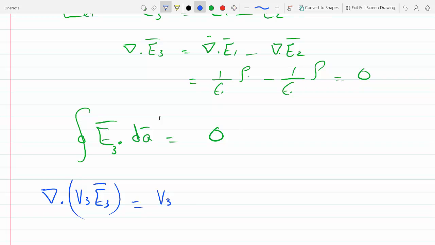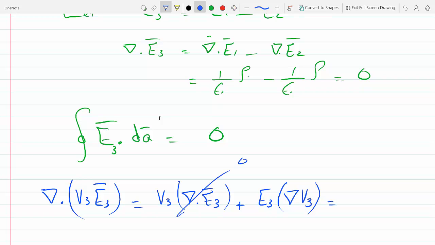So this will be V3, the potential, times the divergence of E3, plus E3 dot the gradient of V3. We know that the first guy is 0, and what's the second? It's minus E3, because the gradient of the potential is the electric field, so we get minus E3 squared.